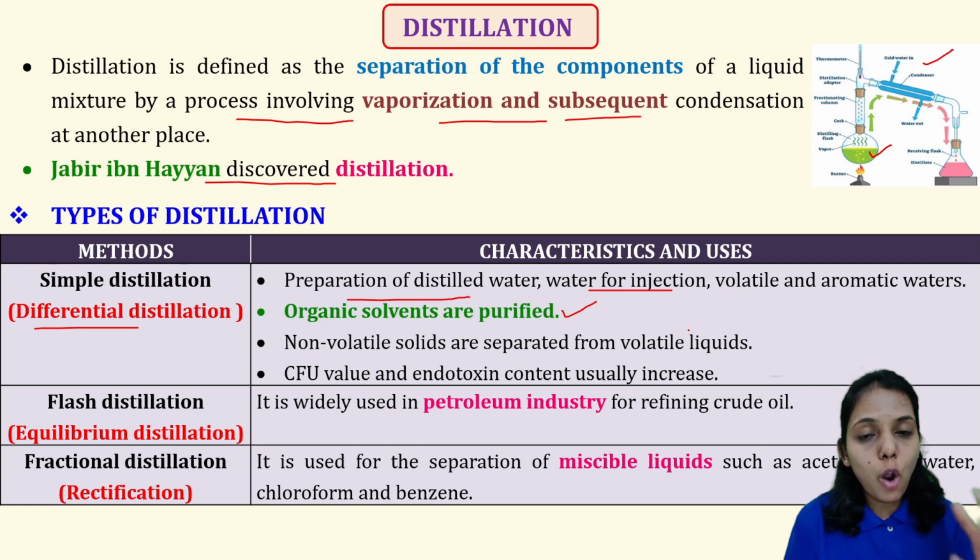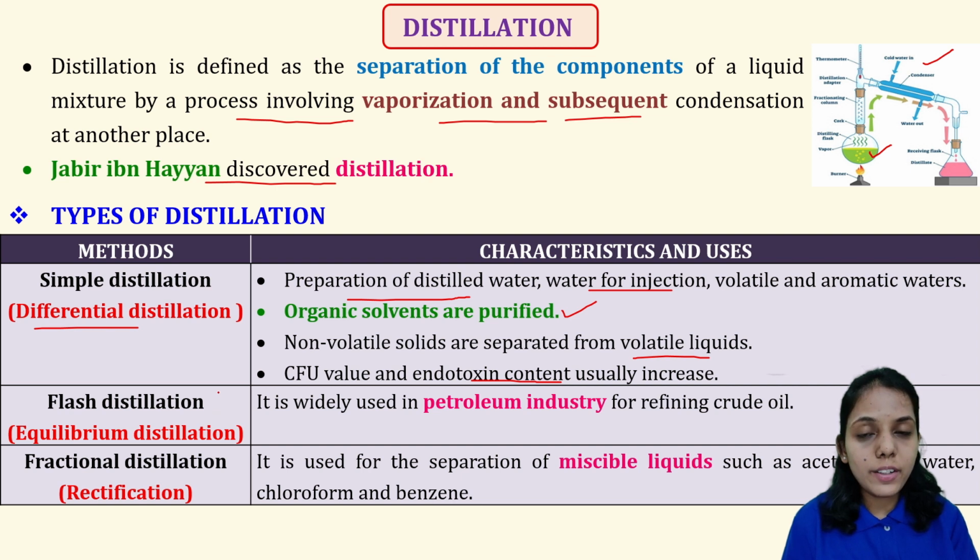Non-volatile solids are separated from volatile liquids. Volatile liquid means it will evaporate and be condensed, and the solid and liquid will get separated. CFU value and the endotoxin contents usually increase.